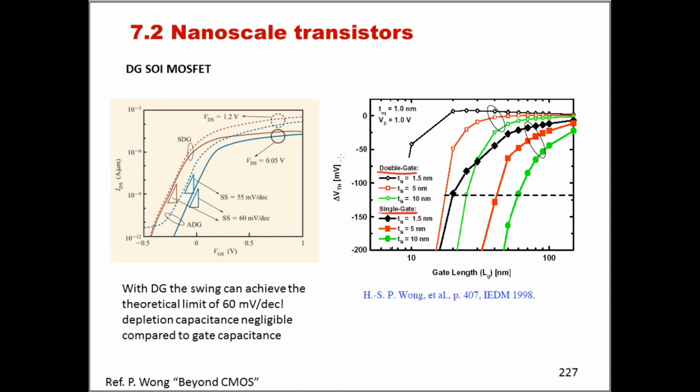As you can see here, we are plotting the threshold voltage variation as a function of the length of the channel of the transistor. As we know, as we shrink, at a certain point, because of short channel effects, we will start seeing a deterioration of the threshold voltage. That's what these lines are showing here.